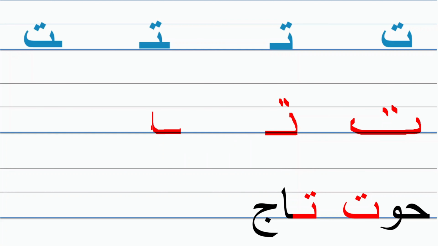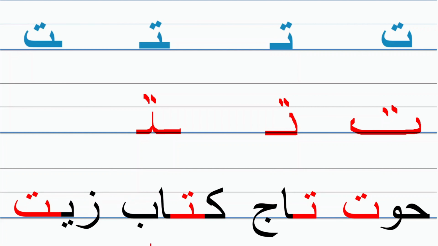Then ta in the middle, like the word kitab, a book. This is ta in the middle, having 2 hands. Last word, which is representing ta final, zayt, means oil. This is 1 hand from the right because it's finishing the word, zayt.